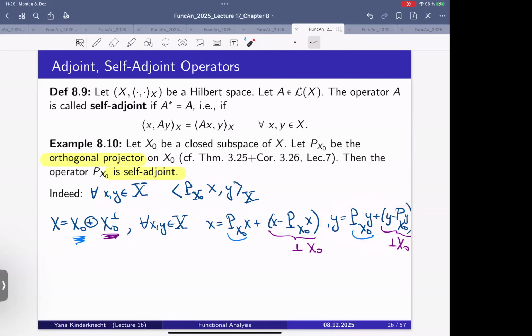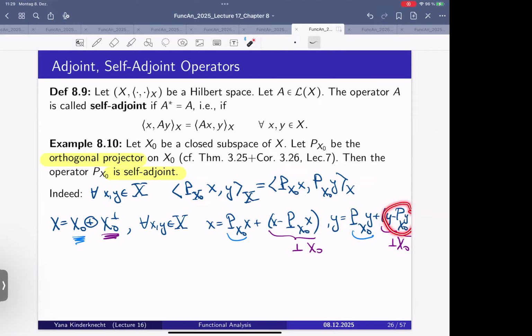Now the scalar product of this guy with y is equal to the scalar product with the first summand, plus the scalar product of this guy with the second summand.